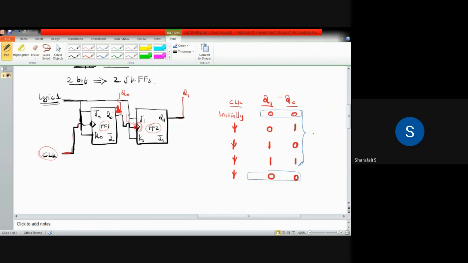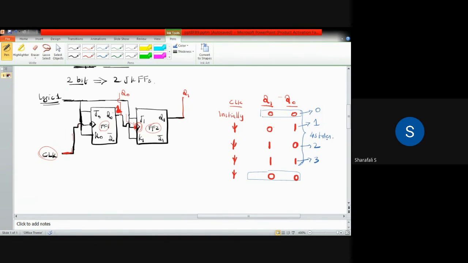So here we have a total of 4 states. And the decimal equivalents of these states are 0, 1, 2, and 3. So 0, 1, 2, 3 we have.